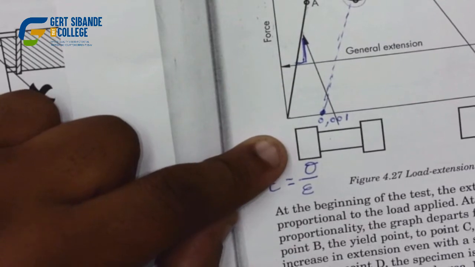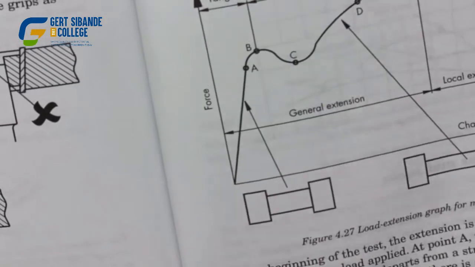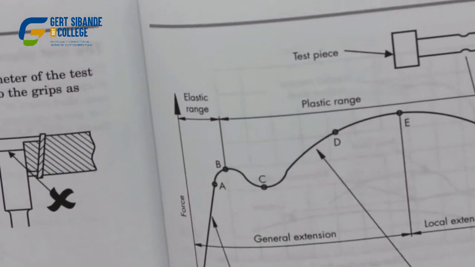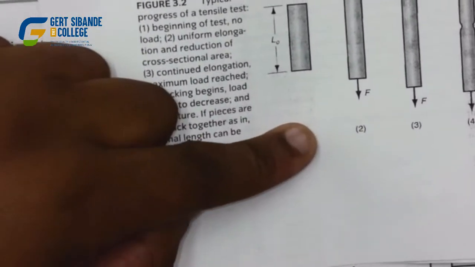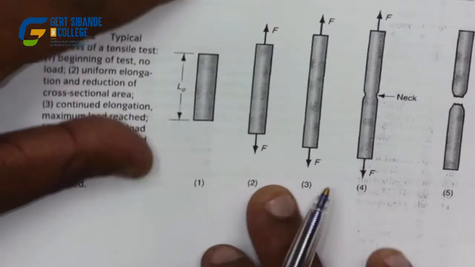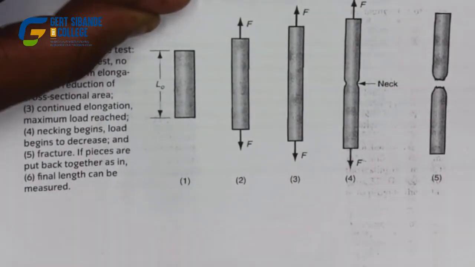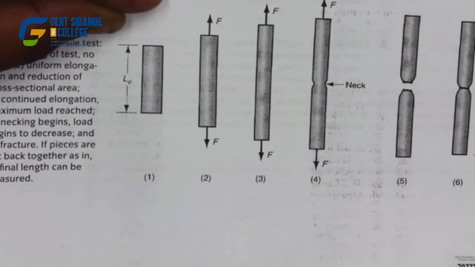So this is how the material will behave. If we have 0.1, 0.2, and 0.5, that is the allowable stress.